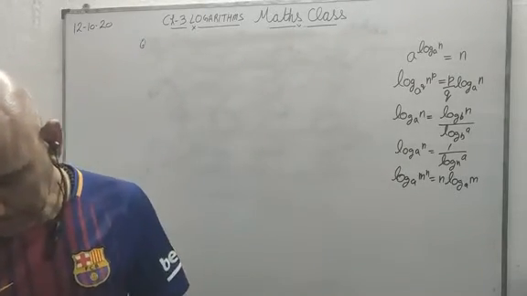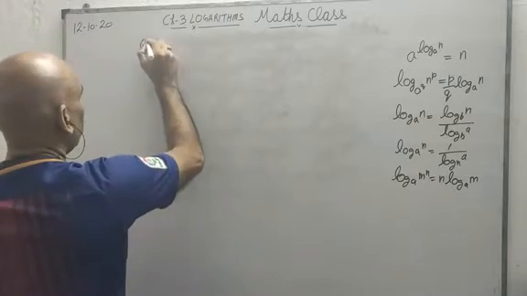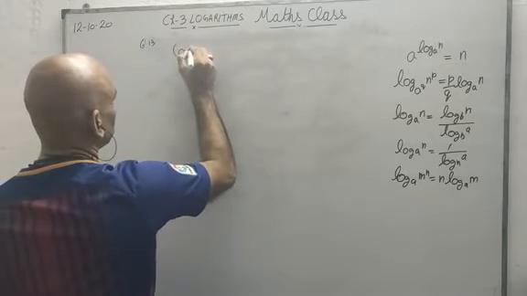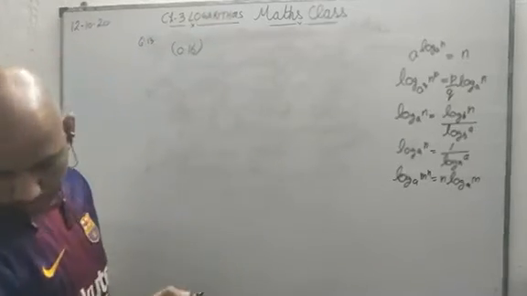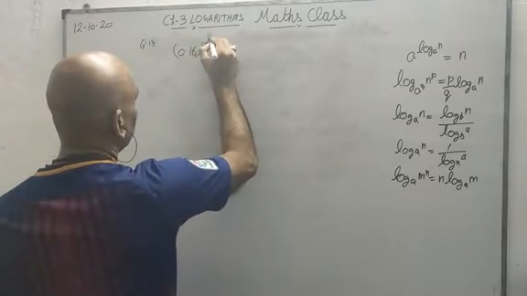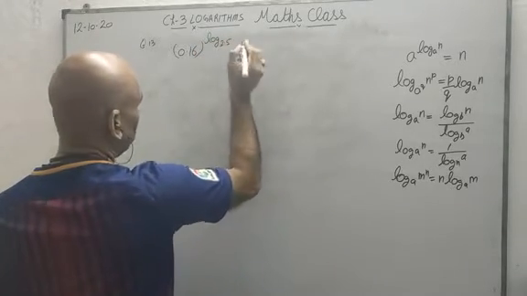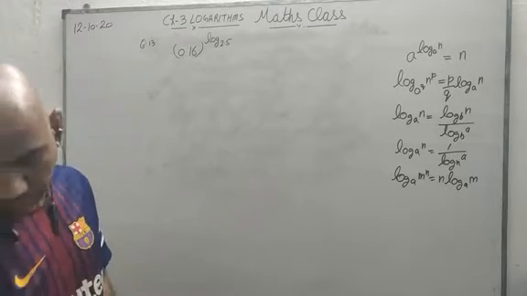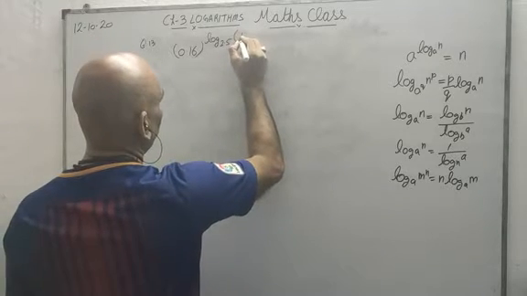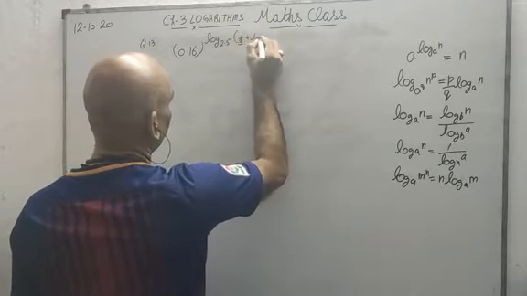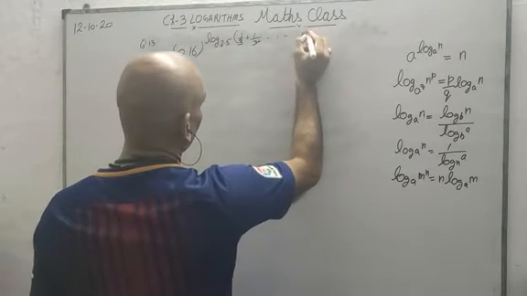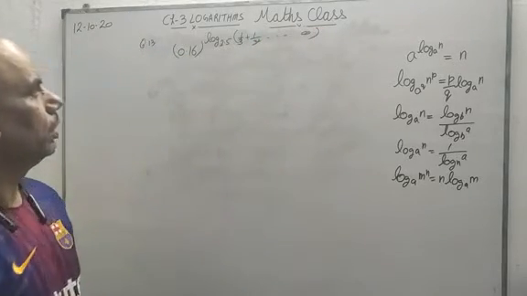So what is question number 13? 0.16 to the power log base 2.5 of 1 by 3 plus 1 by 3 square up to infinite.